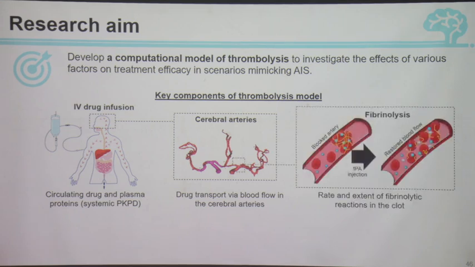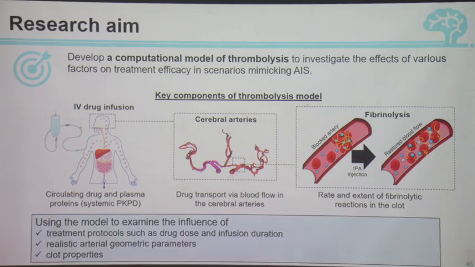We also have to deal with fibrinolysis. Fibrinolysis involves the series of chemical reactions of TPA acting on fibrin. So these interaction processes need to be considered.